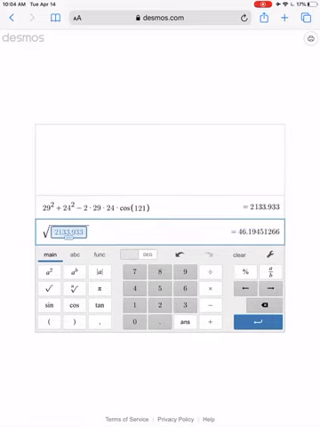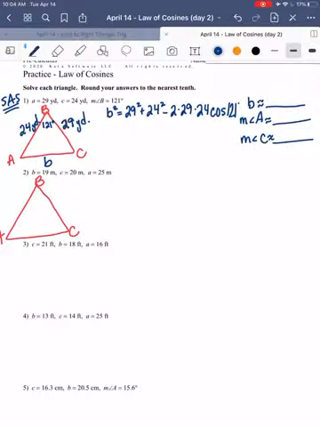And so you should get 46.2. Okay. So let's go write that down. So b squared was equal to, not approximately. And then we're going to take the square root of both sides. So b is approximately 46.2 units, which was yards.